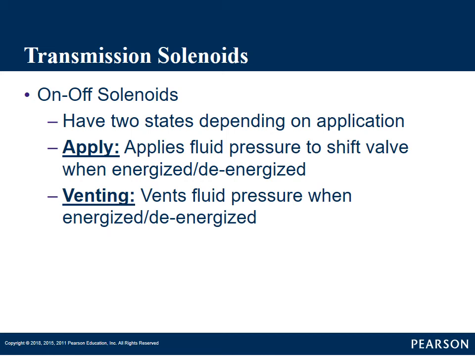In a venting one, there's fluid there, and to move the shift valve, they vent the fluid. Once the pressure is vented, the shift valve moves. It'll be either or. The main idea is they're controlling fluid pressure to get a shift valve to move.